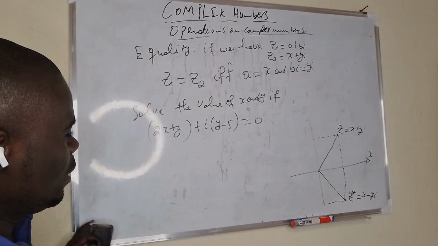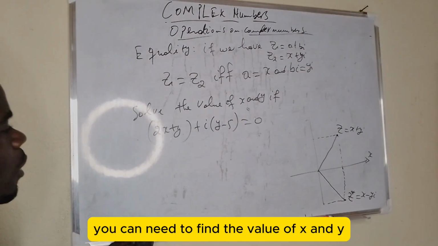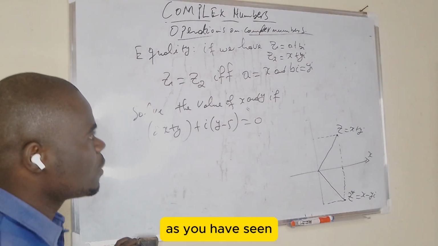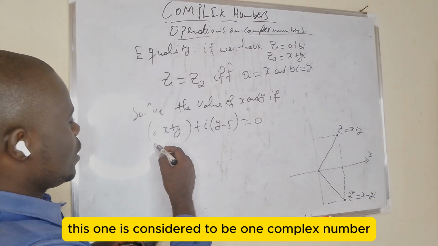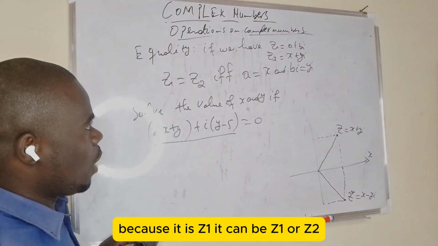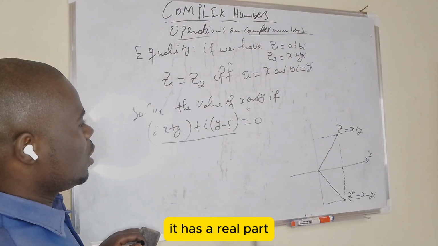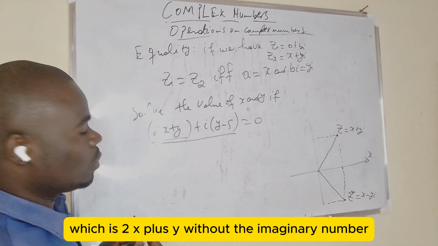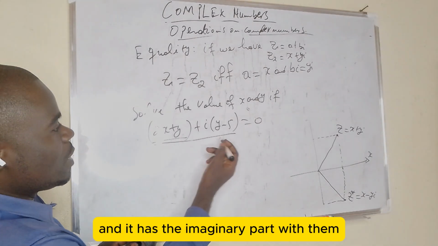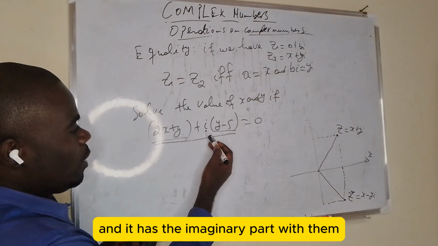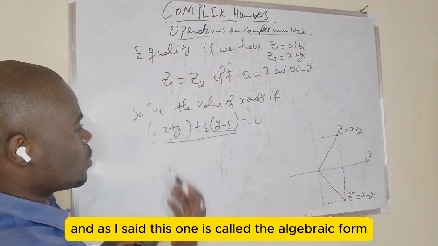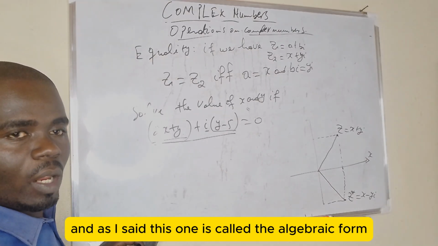We need to find the values of x and y for this expression. As we have seen, the left side is considered to be one complex number, like z1. It has a real part, which is 2x plus y without the imaginary number, and it has the imaginary part with the imaginary number. As I said, this one is called the algebraic form.